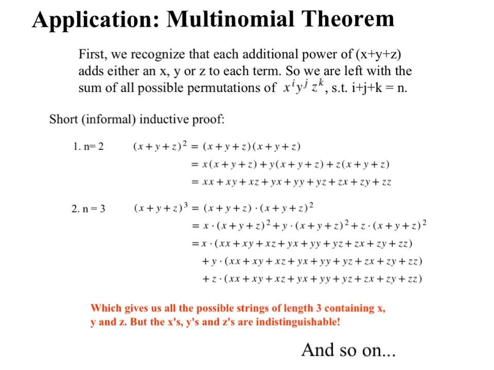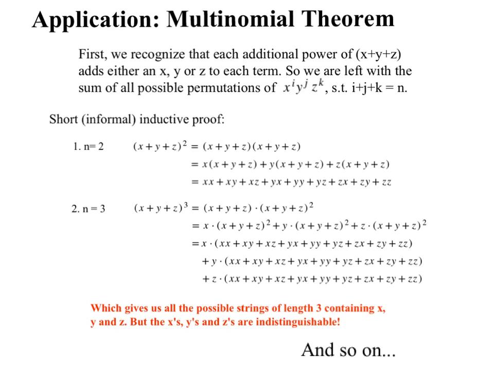Similarly, if we were raising it to the third power, we could rewrite (x plus y plus z) cubed as (x plus y plus z) times (x plus y plus z) squared, distribute again, and again we're going to have x times the previous power, (x plus y plus z) squared, y times (x plus y plus z) squared, and z times the same.